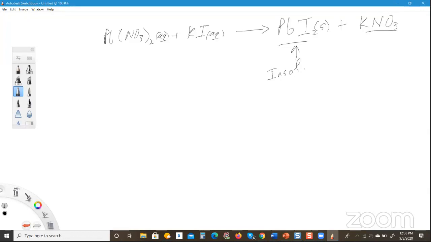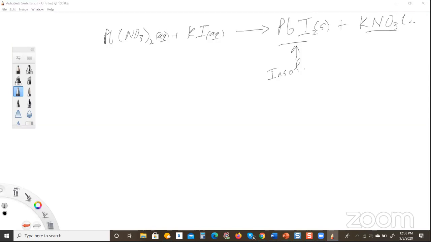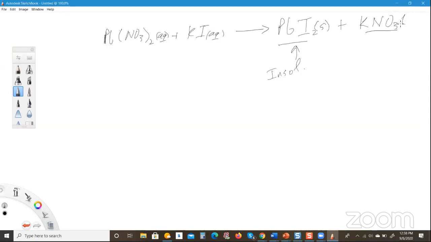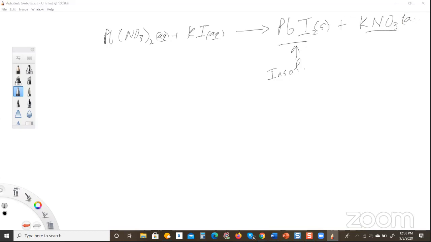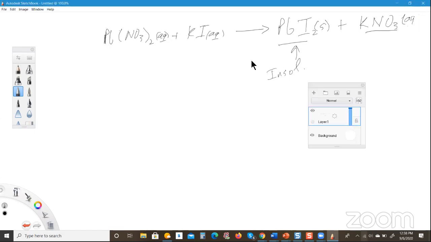So here, beside the potassium nitrate, we're going to put the state symbol aqueous. All right. So now we have all the state symbols in place. So the question now becomes, how do we get the net ionic equation?